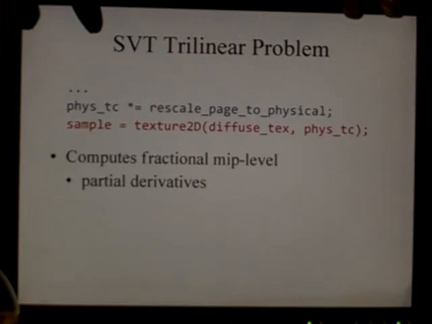When we get down to the final sample operation in our shader, and we hand in these computed physical texture coordinates, those fractional texture coordinates are computed. This texture operation, now that we're doing trilinear, needs to compute a fractional MIP level to weight between the 2 samples.